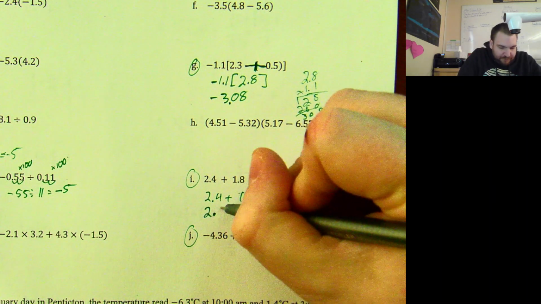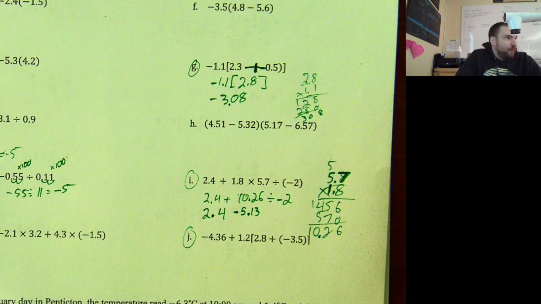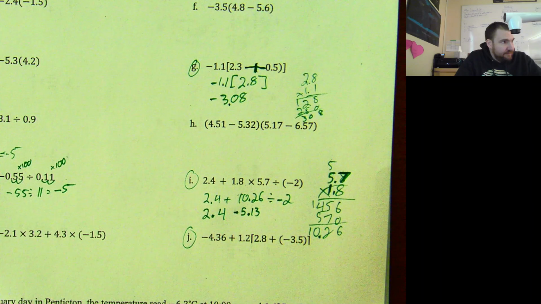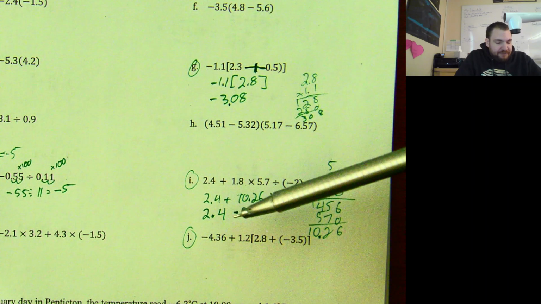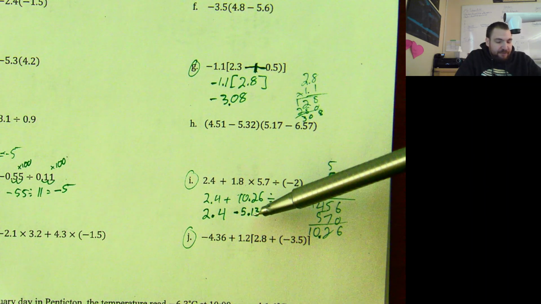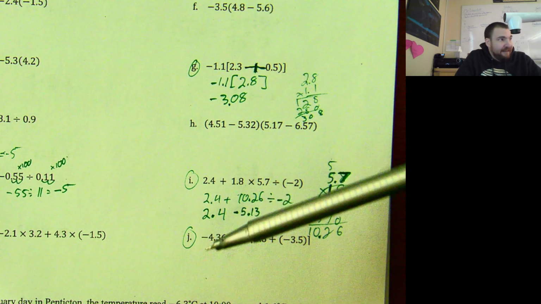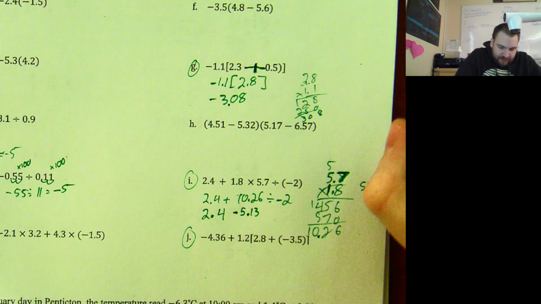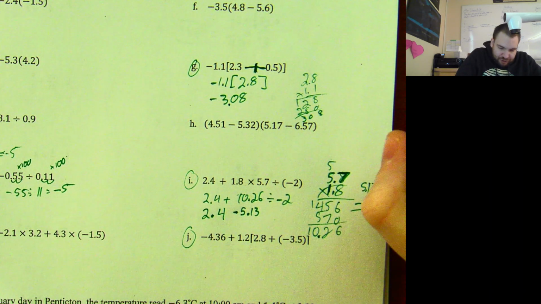So I'm going to get 2.4 minus 5.13. And then we had a technique for this. The technique we had is if I'm subtracting a larger value, I'm going to do the bigger minus the smaller, and then my final answer is going to be negative. So it's going to be 5.13 minus 2.4.